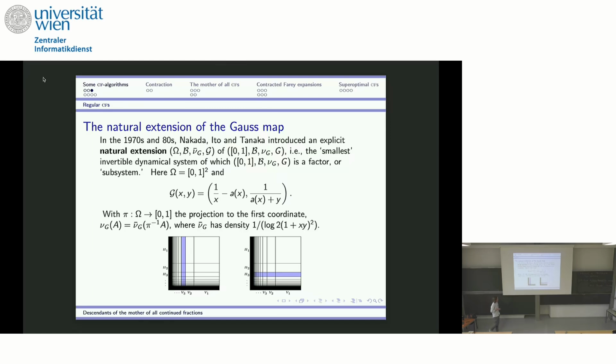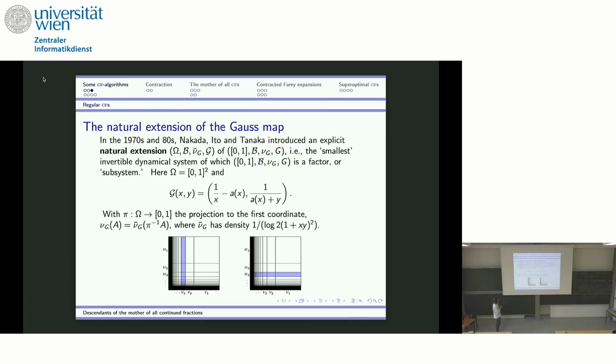How is this related to the Gauss measure? If we denote by pi the projection onto the first coordinate, as Hitoshi mentioned earlier for a slightly different representation of the natural extension, we basically disintegrate to obtain the Gauss measure. So if we know the two-dimensional measure for this system, nu bar g, then the Gauss measure of a measurable subset of the interval is given by taking the pre-image of that interval and then taking the two-dimensional measure of this pre-image.